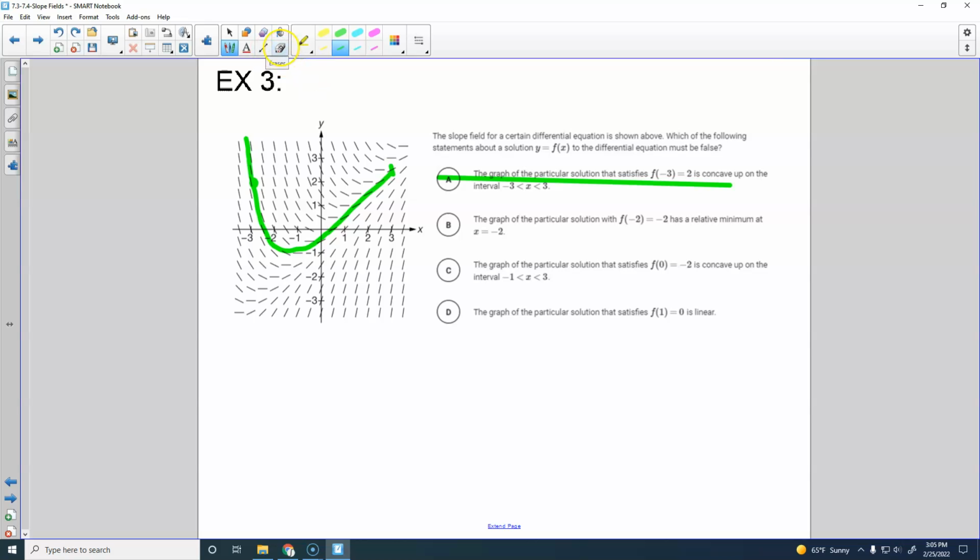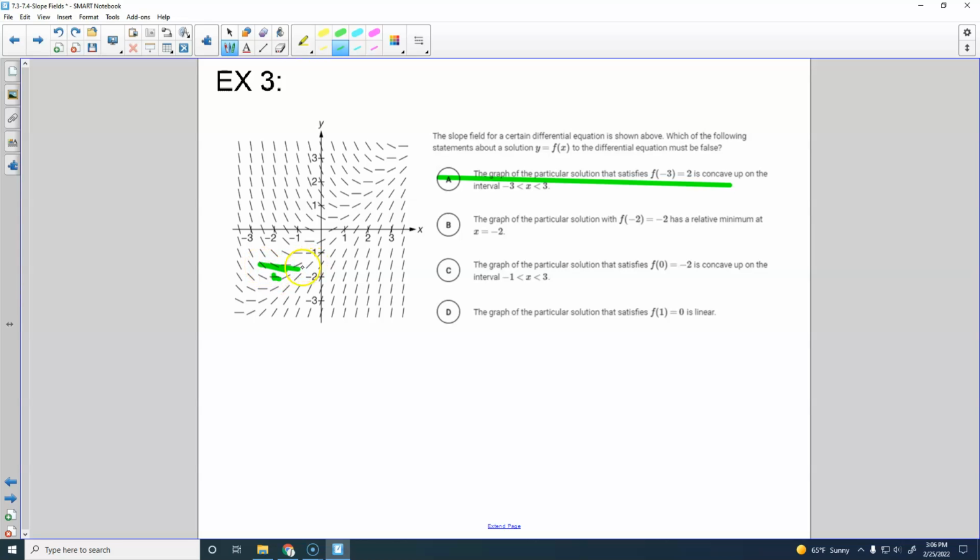Now it's asking me about the point negative 2, negative 2, which is about right here. Is that going to be a minimum? It can't go past. It looks like right here.